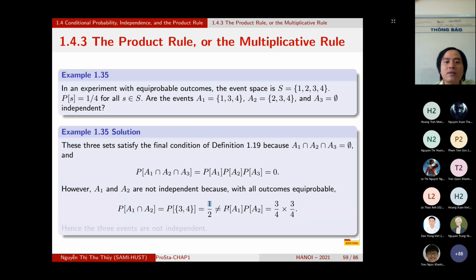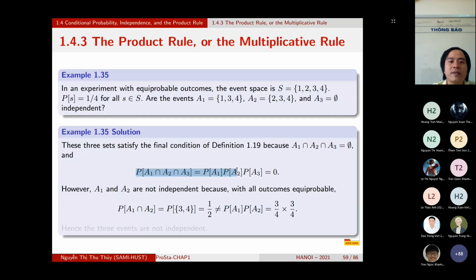This is different from the product of P(A1) and P(A2): P(A1) is 3 over 4, and P(A2) is also 3 over 4. So it does not satisfy the condition that P(A1 and A2) is equal to P(A1)P(A2), so we say that the three events are not independent.